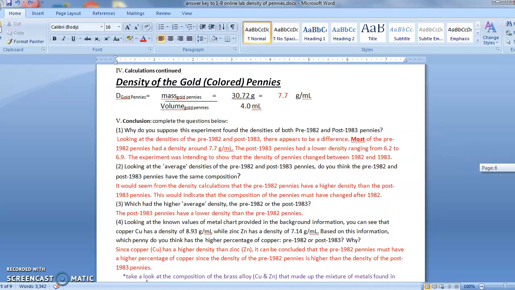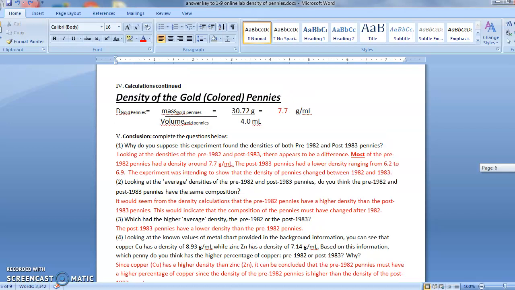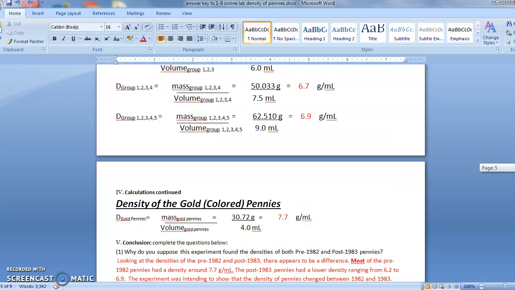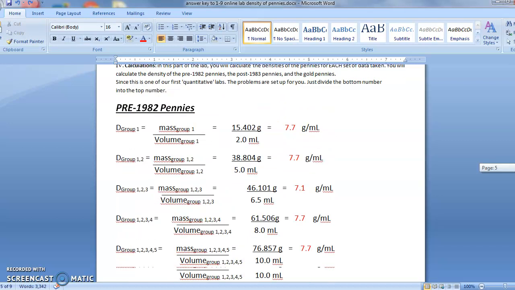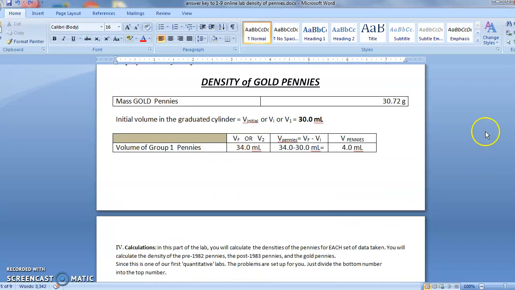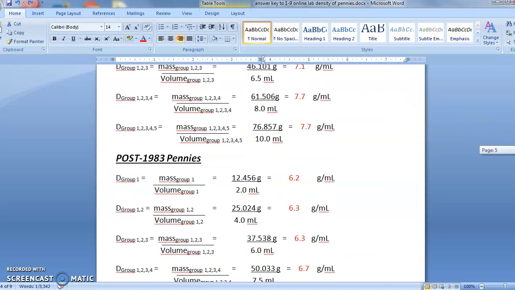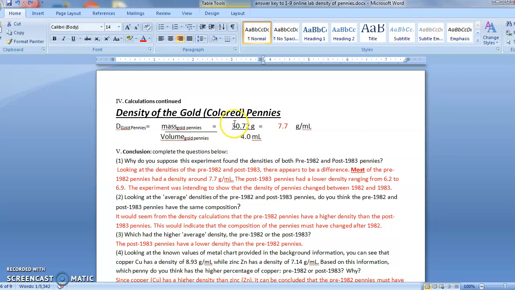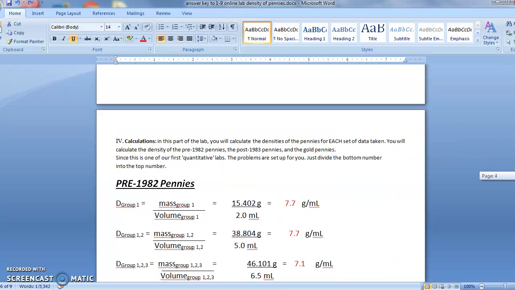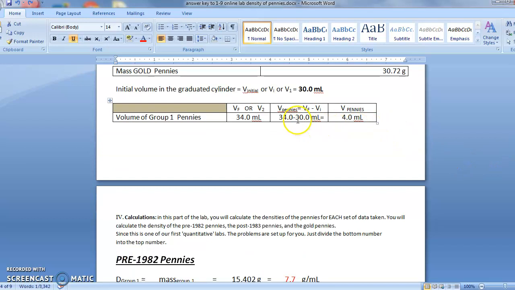Then we came to the density of the gold pennies. That was the final calculation, the density of the gold pennies. We see here in our data that the mass of the gold pennies was 30.72. Density is mass divided by volume. So we need 30.72, the mass, on top. The volume change here, the water was at 30, the pennies were dropped in, it went up to 34, so the pennies displaced 4 milliliters, which means the volume of the pennies is 4.